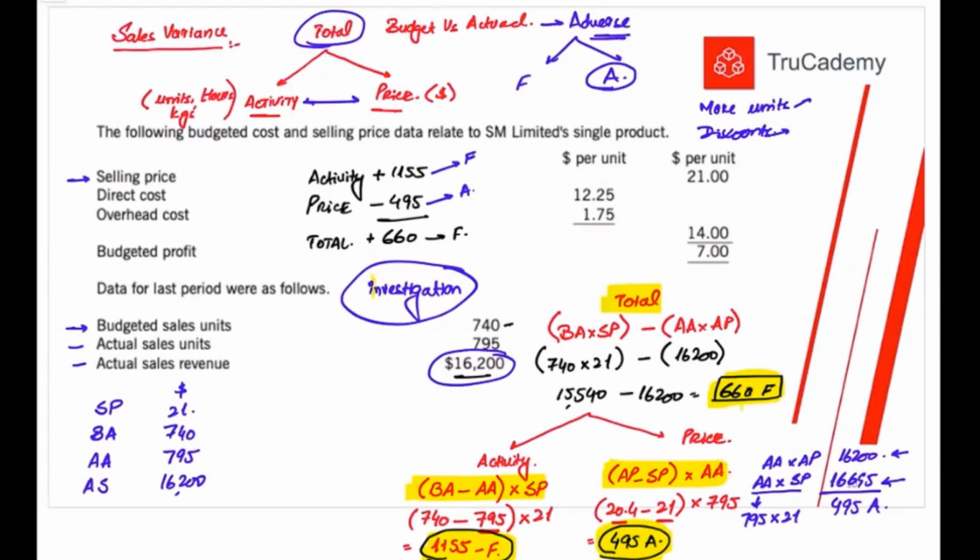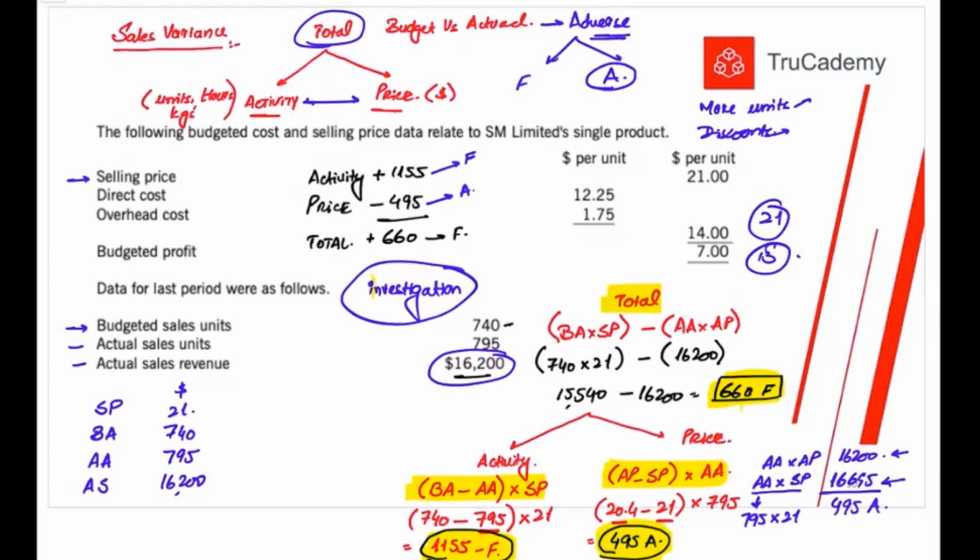Now what happens? Do you really think this favorable variance is a good variance? No, maybe not. Why so? For example, if my budgeted selling price is $21 and I'm charging $13, I'm going to get a very big favorable activity variance. Why?